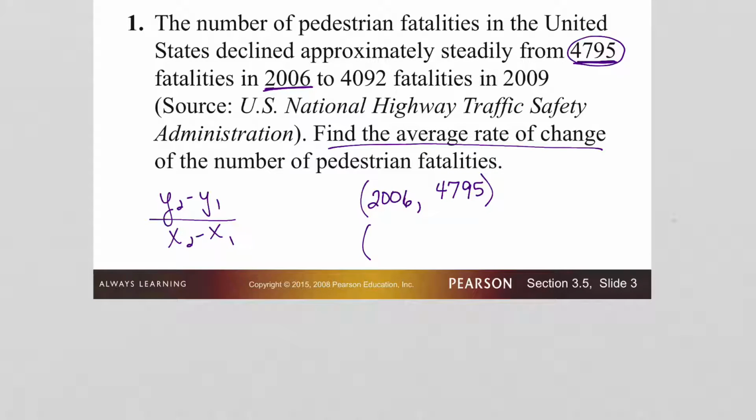My next point is the next set of data. So I've got 2009, and what goes with 2009? 4,092 fatalities. Okay, so I'm going to let 2006 be my x sub 1, 4,795 be my y sub 1, my x sub 2 is 2009, and my y sub 2 is 4,092.